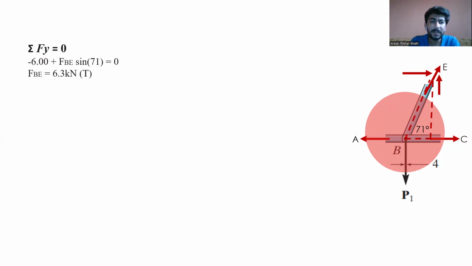So the force BE is equal to 6.3 kilonewton and it is in tension. If you take force in the x direction, you get minus 7 kilonewton force plus force in member BC plus force in member BE with horizontal component at angle 71. So you get force in member BC, which is 5 kilonewton. You see this member is in tension.